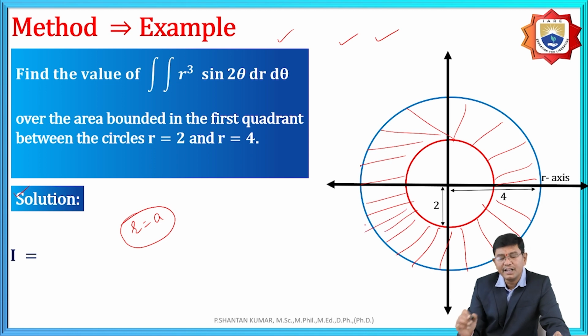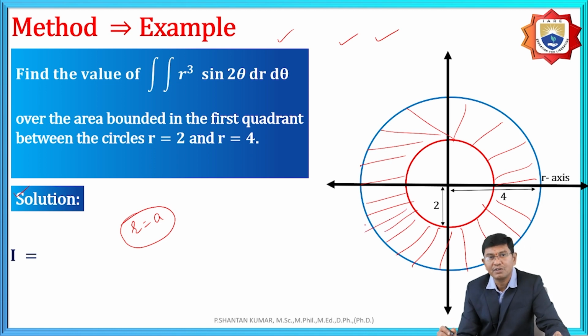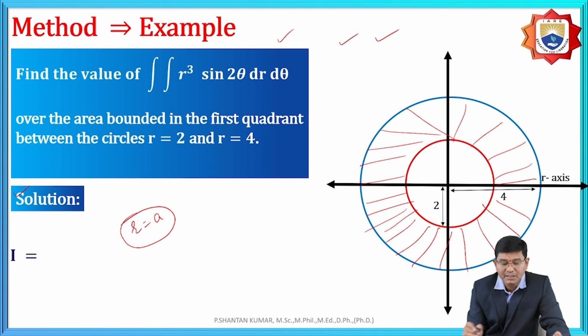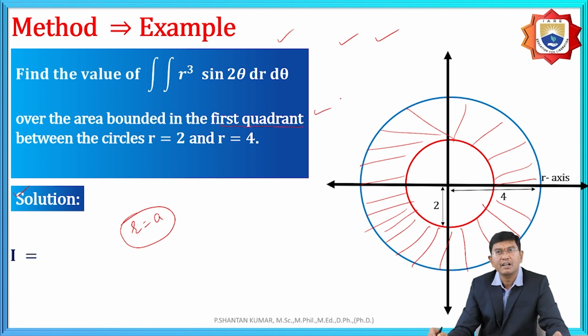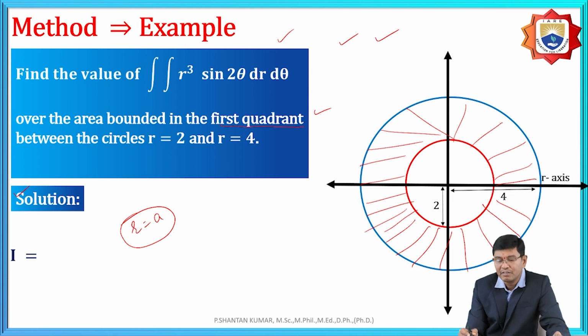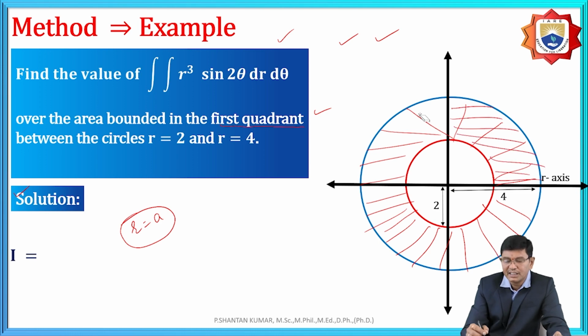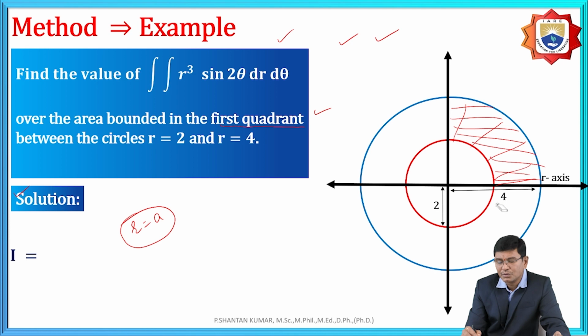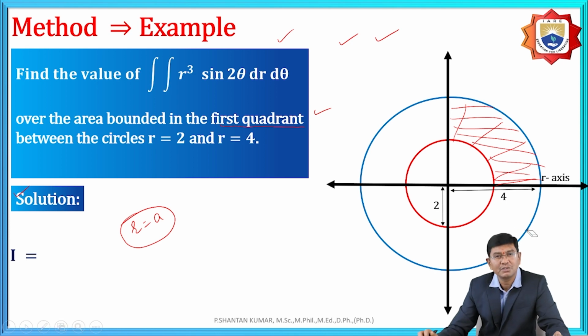In this bounded region, the problem is given that only the first quadrant is occupied. If the first quadrant is occupied, we need to consider only this part. That means the second quadrant and fourth quadrant are not covered. That means with r is equal to 2 and r is equal to 4, the diagram is over.